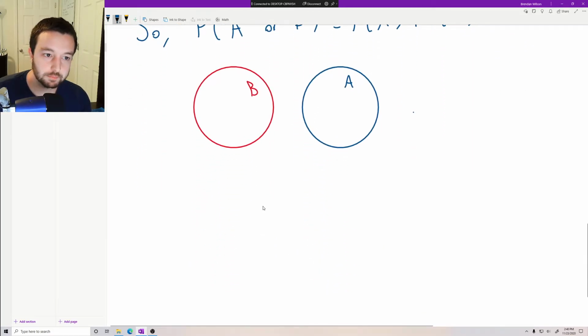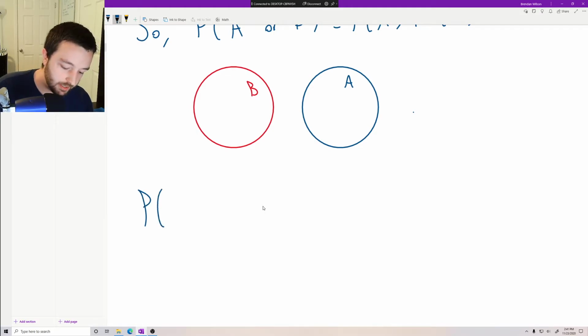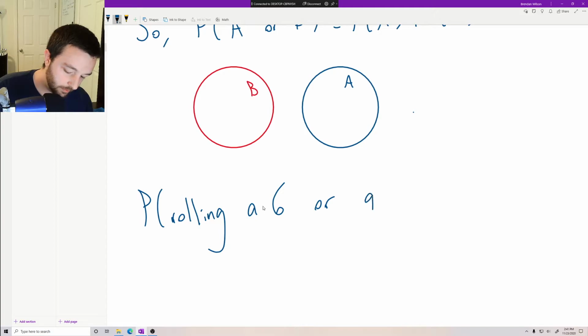All right, so let's put this into action. Let's say what's the probability of rolling a 6 or getting tails?